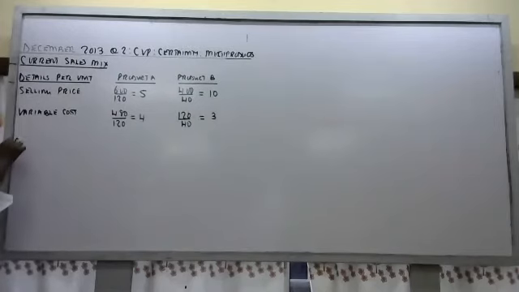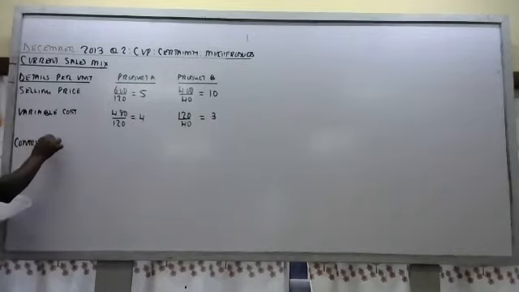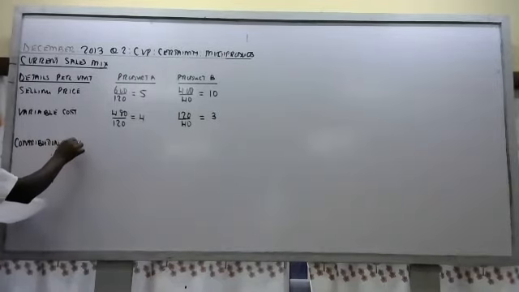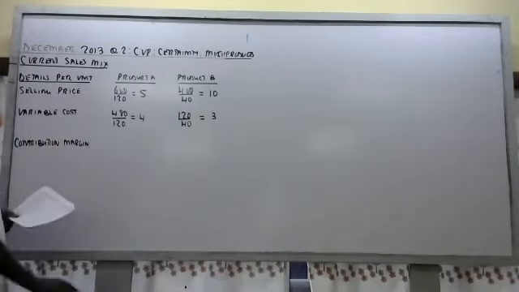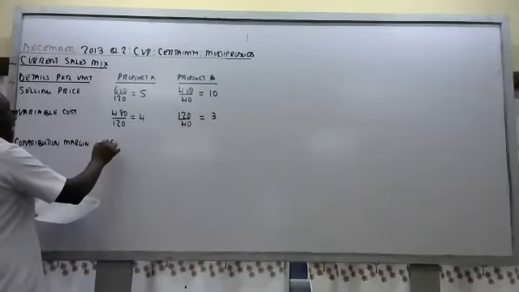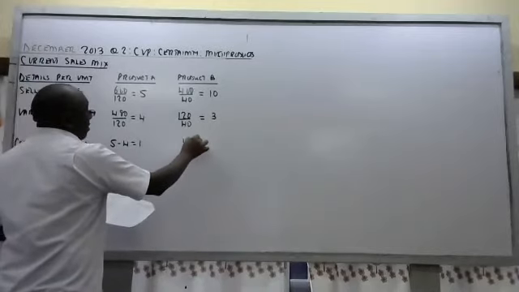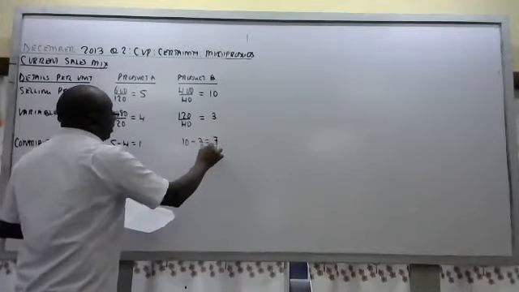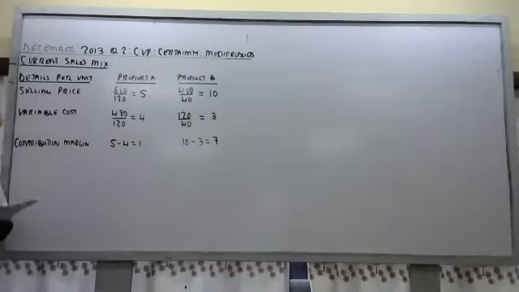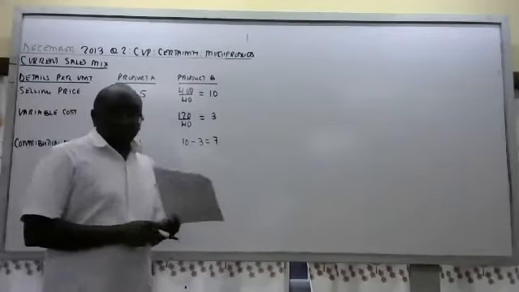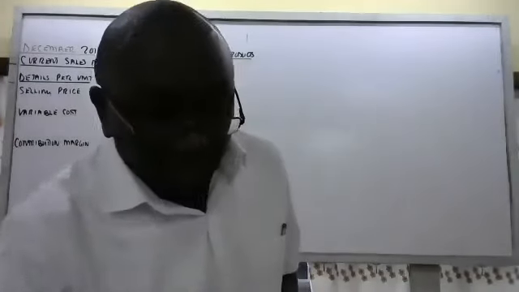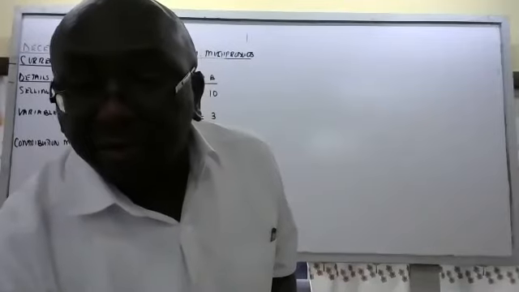And then contribution margin. Contribution margin is 5 minus 4. That is 1. Here is 10 minus 3. That is 7. That is the contribution margin.